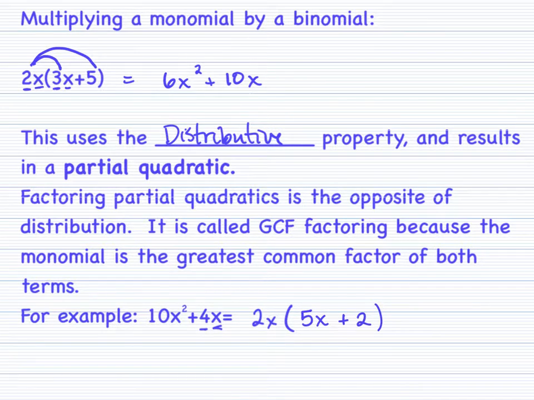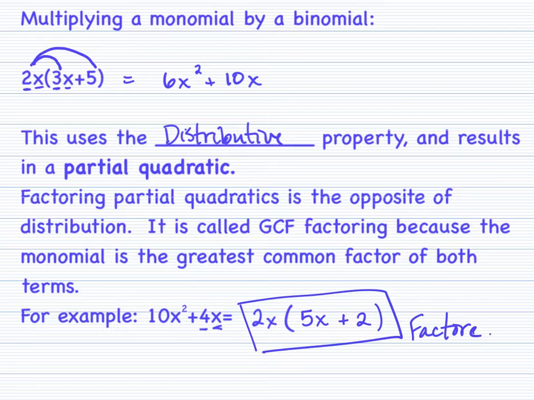The other way you can look at that is, what is 4x divided by 2x? The x's divide out, and 4 divided by 2 is 2. So this is our factored form. Basically undistributing.